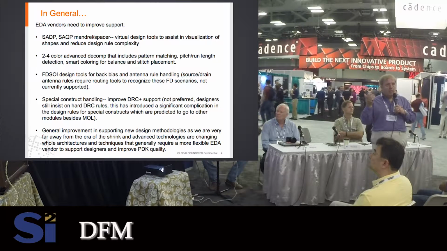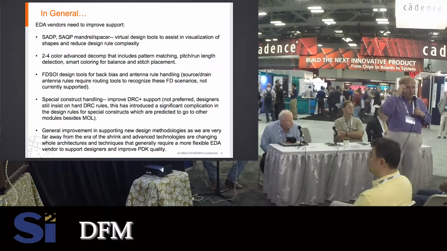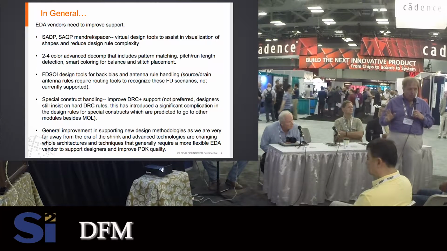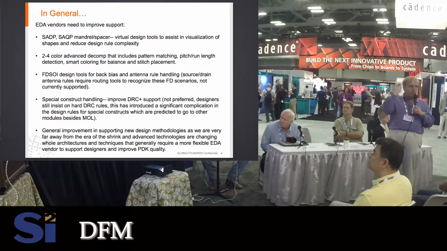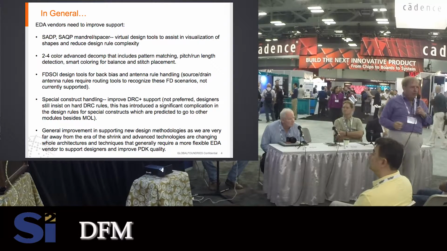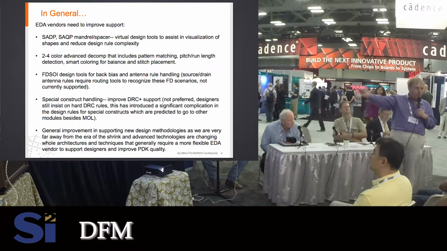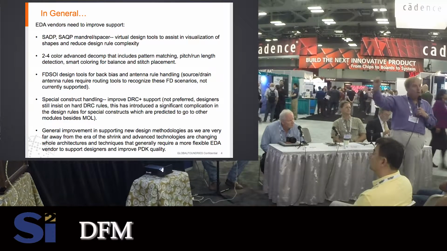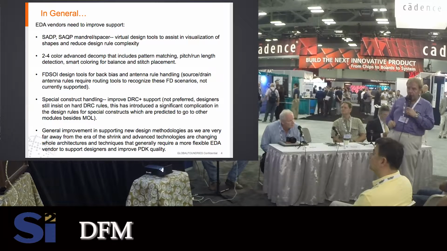Standard cells, contrary to popular belief, are not straight DRC clean anymore. You have special constructs for a cross couple here, a via connection there. Those special constructs, layout people hate, process people hate, but if you want a good area, you're going to have special constructs to handle.